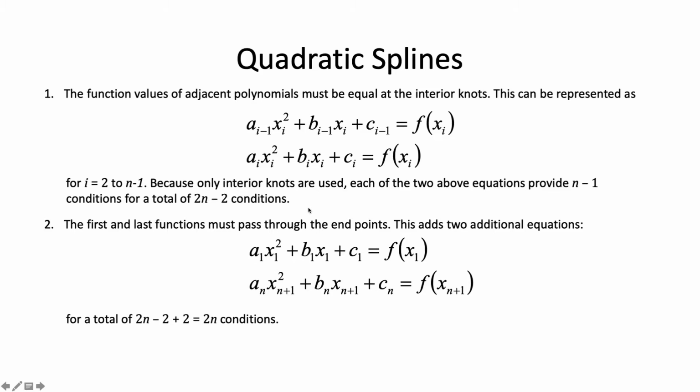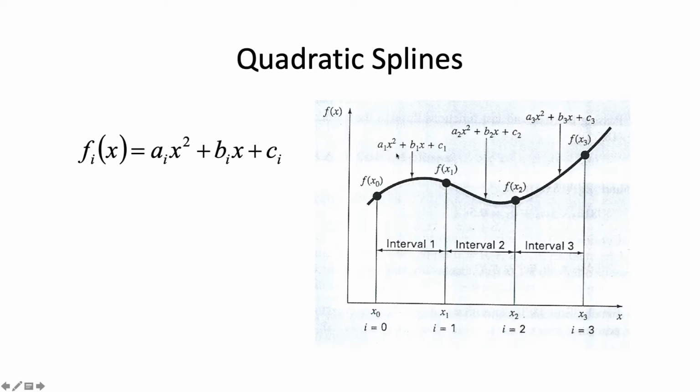What this means is that this equation at x equals x1 must be equal to f of x1. Similarly, this equation at x equals x1 must be equal to f of x1, which makes sense.